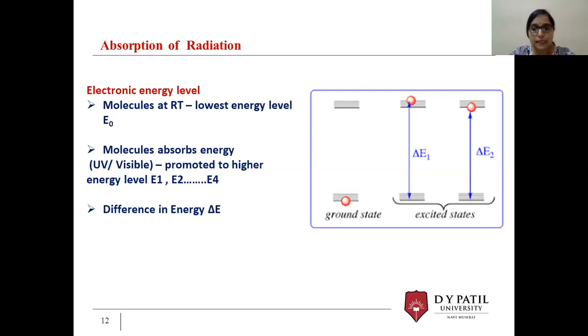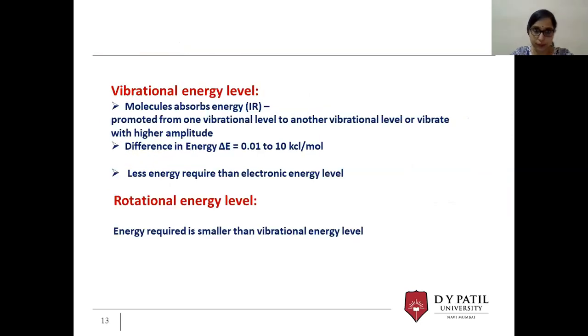When it gets excited and reaches higher energy levels like E1, E2, E3, E4, it has to absorb some amount of energy to get promoted to higher electronic states. The difference between the higher and lower energy levels can be denoted as the energy difference, delta E. In short, molecules absorb energy in the UV or visible region and are promoted to higher energy levels E1, E2 or E3.